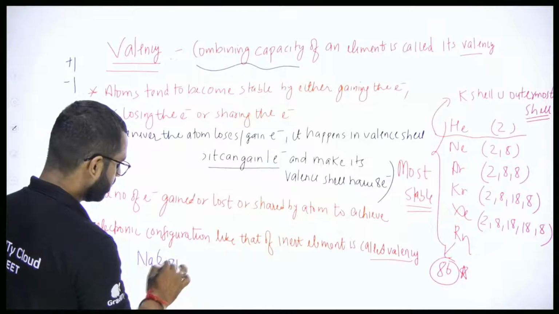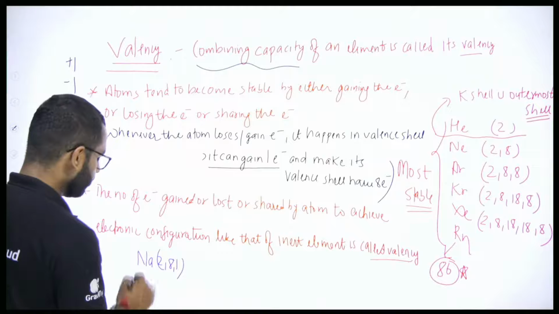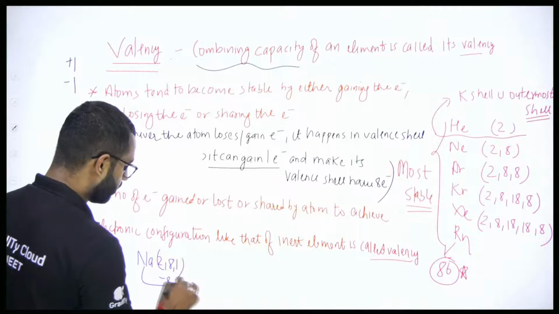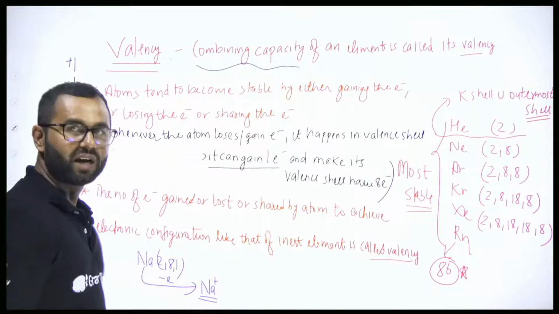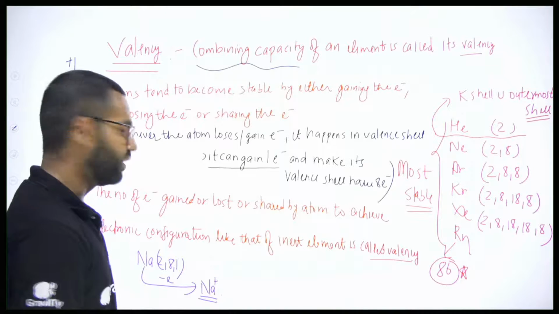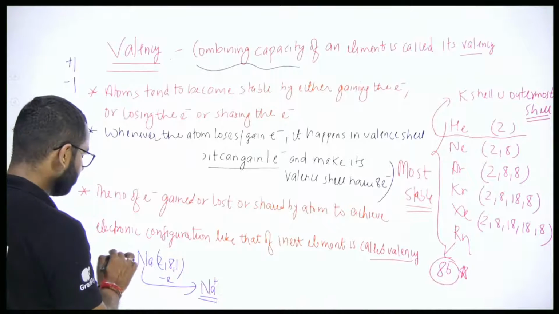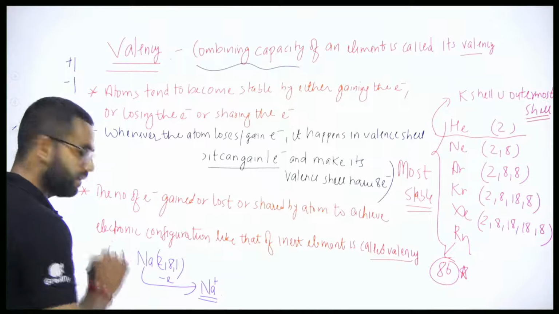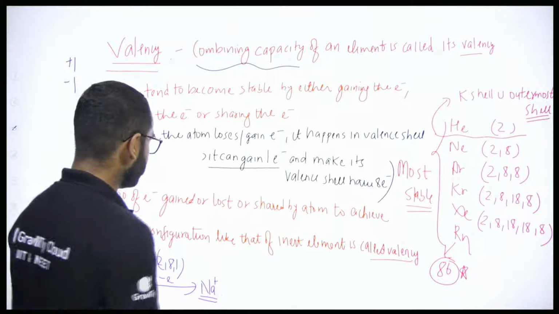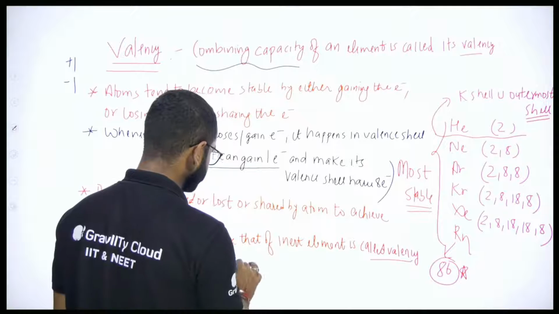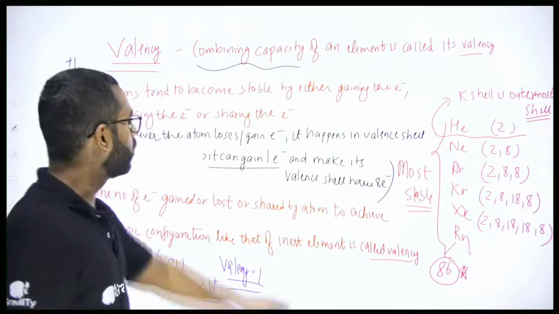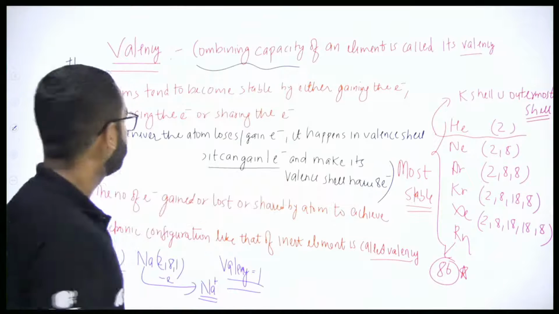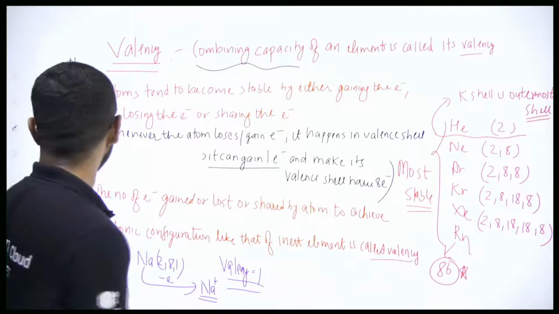So it will lose one electron to become Na+, right? So that means sodium has valency 1. I hope you have noted all these points, right?